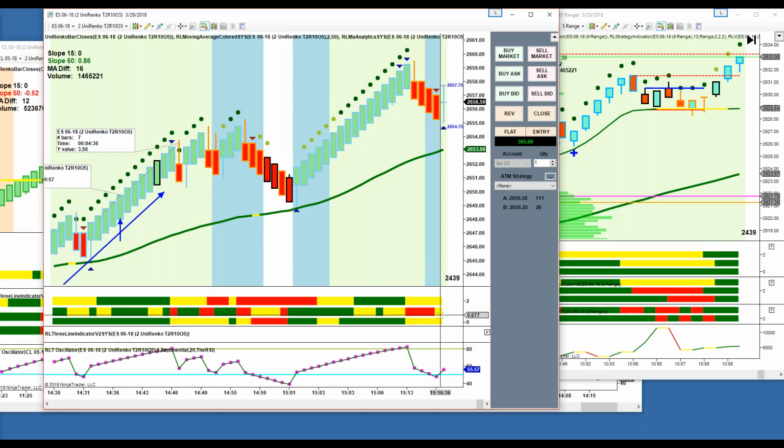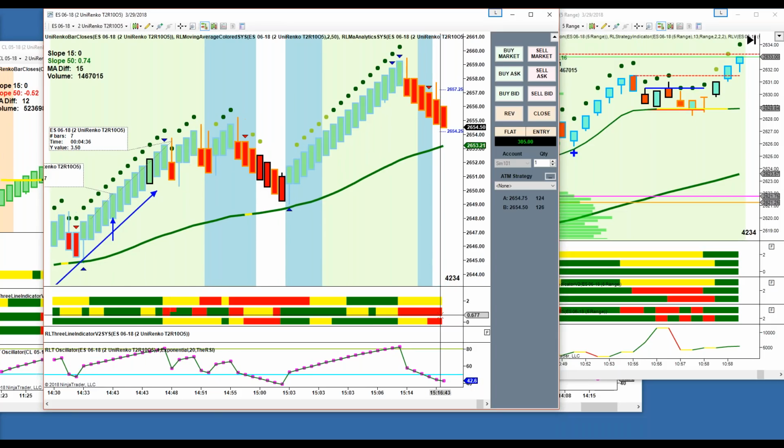You want that intermediate to be green. And now you see how nimble you have to be? Now what you have is a counter trend trade. Short.